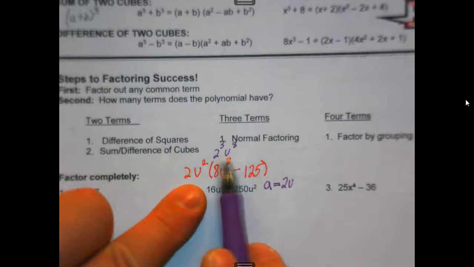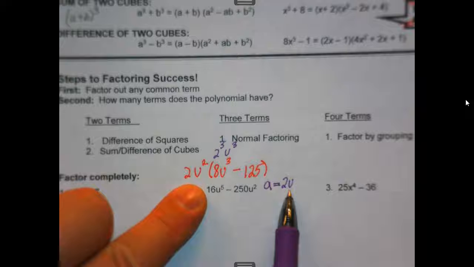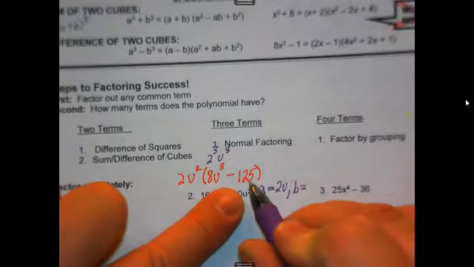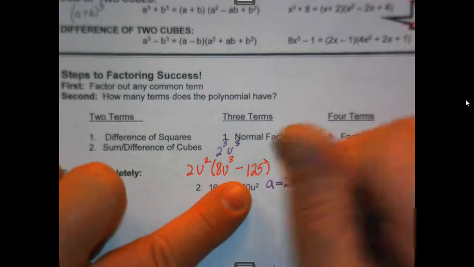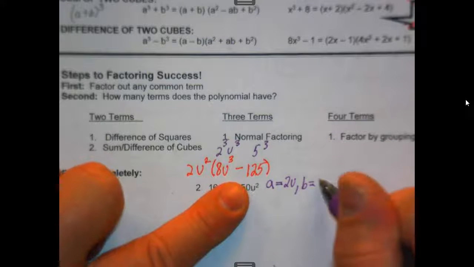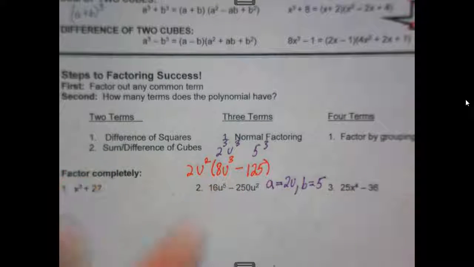So the base is 2u. Okay, what's my B? What's 125? 5 cubed, isn't it? So my B is the base 5.